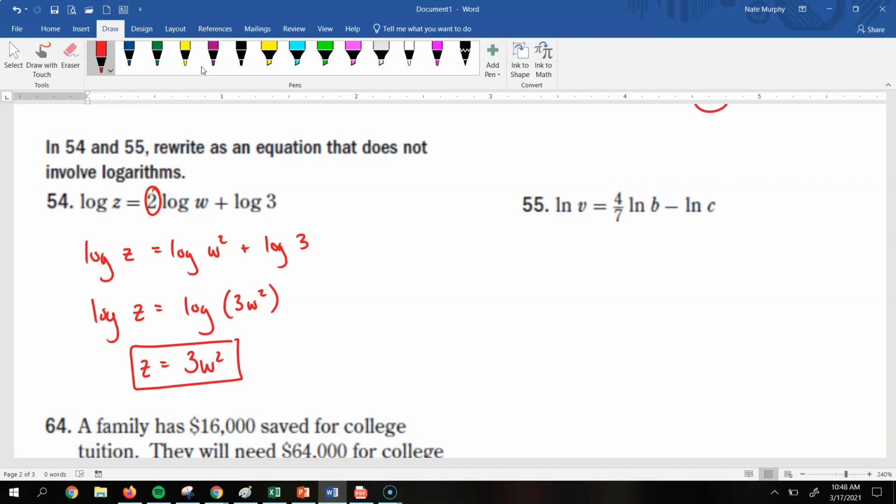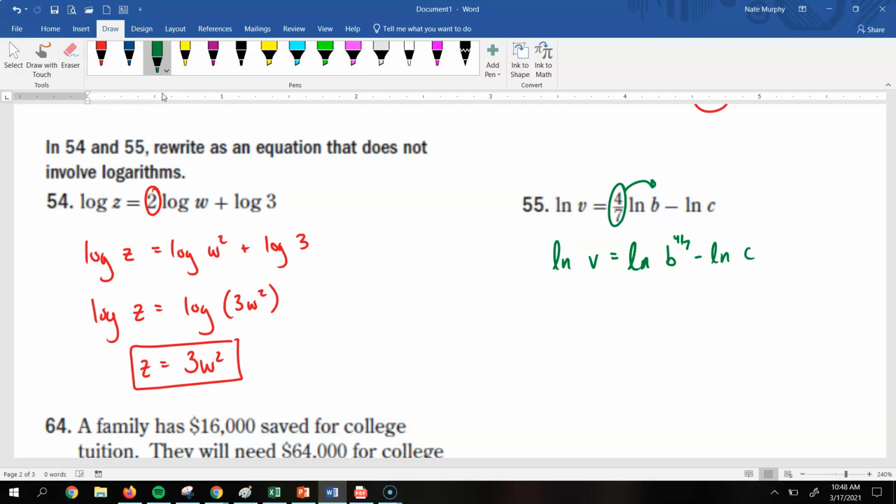For number 55, it says the natural log of v equals 4/7 times the natural log of b minus the natural log of c. So again, we're going to write this without any logarithms. The first thing I see is the left side. There's nothing I can do yet on that side. But I see that just like before, we have an exponent. Minus the natural log. Oops, I'm going to write this like this.